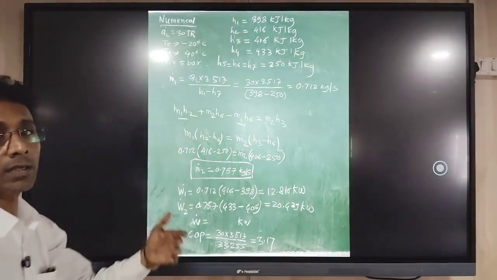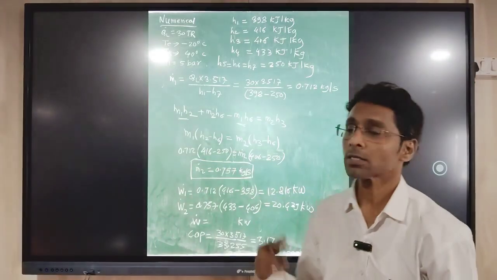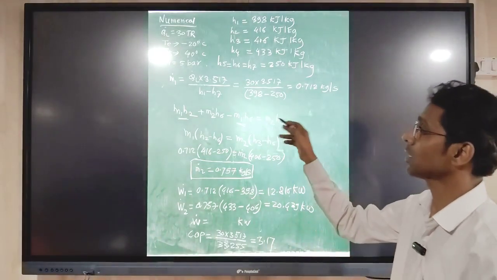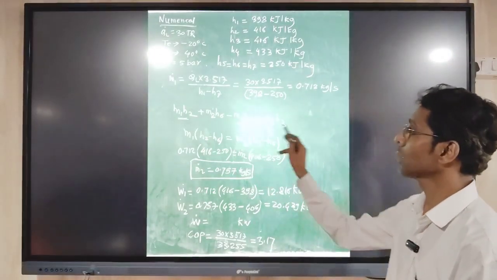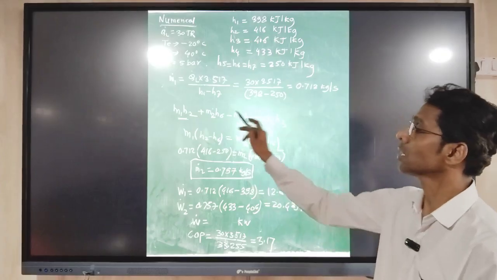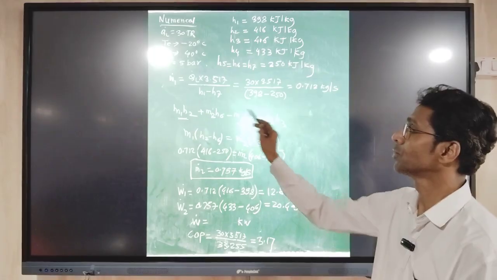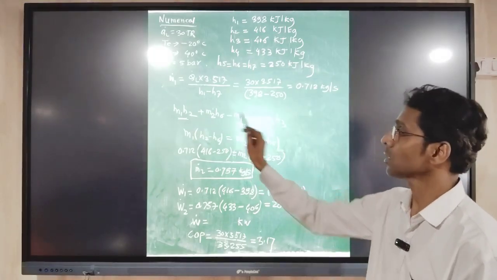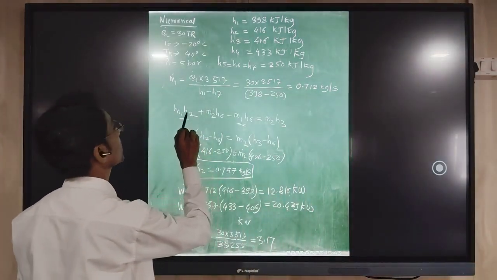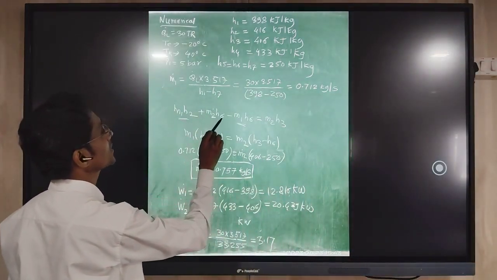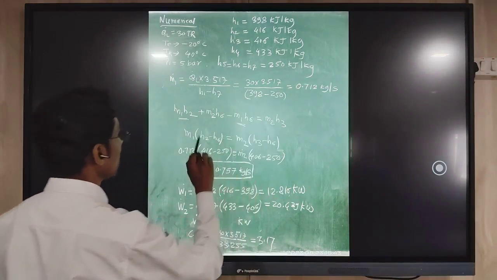Now to find M2 dot, as we studied in the last video session, the theory part of the intercooling method, we use an energy balance, a heat balance. From this we get the formula: M1 dot H2 plus M2 dot H6 minus M1 dot H6 is equal to M2 dot H3.